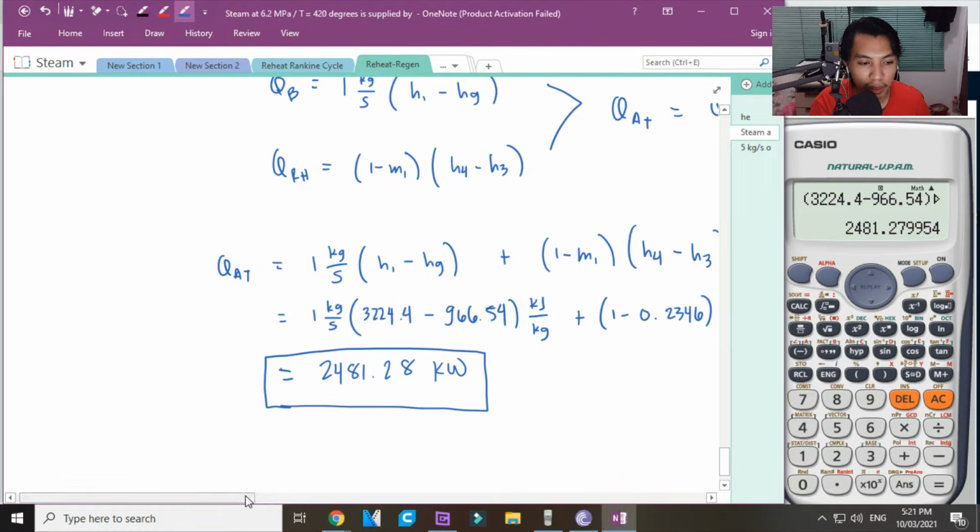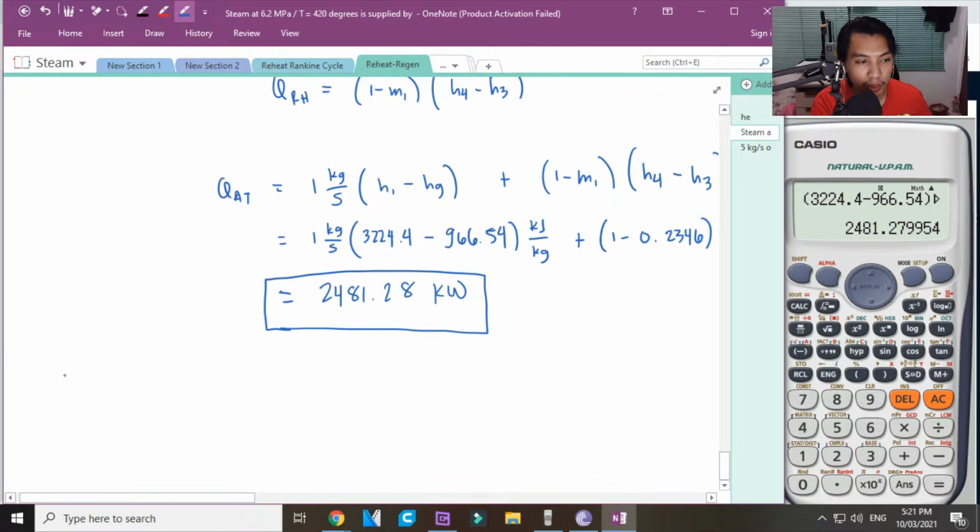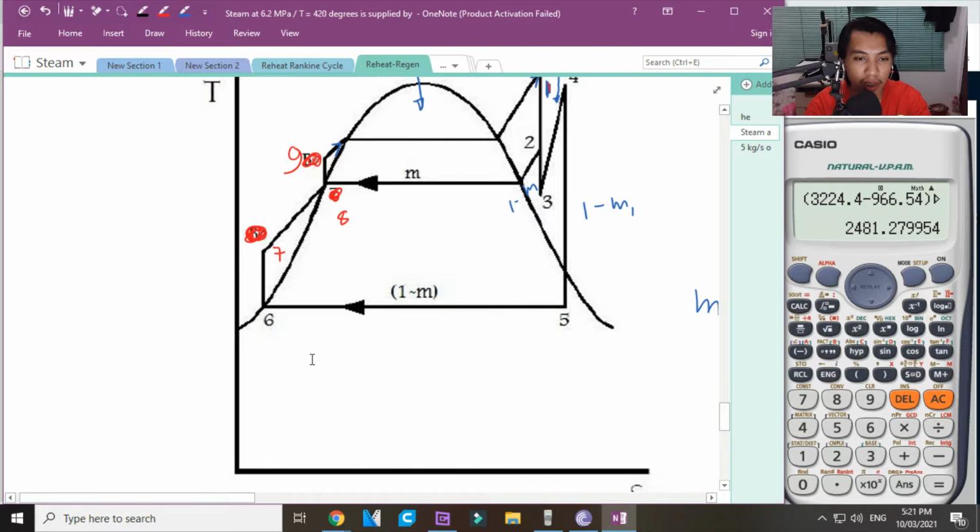Oh, sir, doon naman tayo sa condenser. The total heat rejected. QR total. Yan. Sa condenser tayo pumunta. Dito. Sa condenser, ayan, 5 and 6 lang naman yan. Anong mass? 1 minus M. QR total.